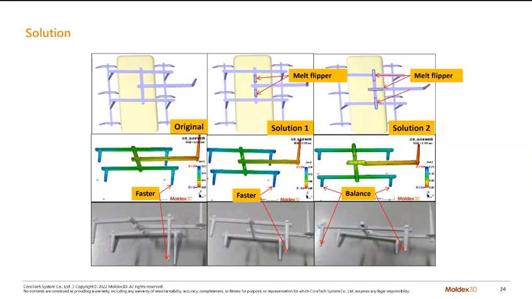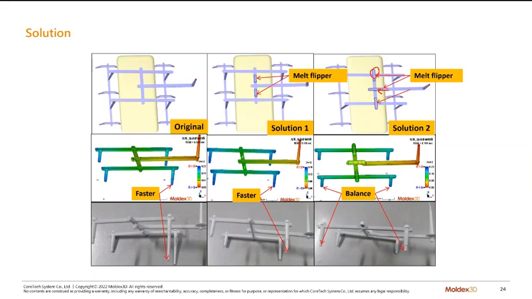One, they add this melt flipper here, and the other one, they add melt flippers every time the melt front is going to split into two directions. So here it's going to split into two directions, they add melt flippers, and again, this one is going to split into two others, and they add melt flippers.